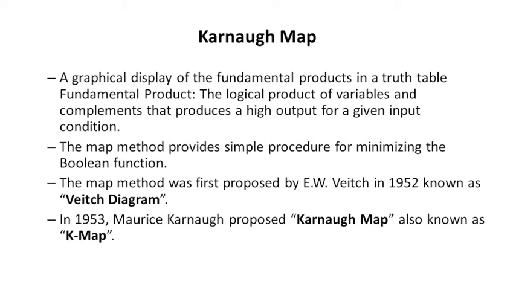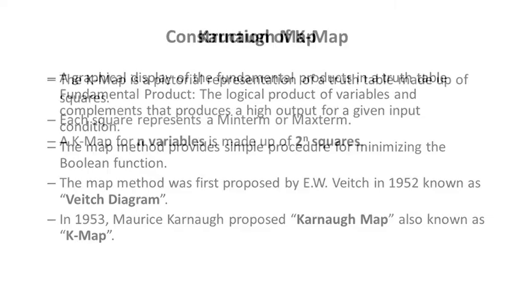A map method provides simple procedures for minimizing the Boolean function. The map method was first proposed by E. W. Veitch in 1952, known as the Veitch diagram. In 1953, Maurice Karnaugh proposed the Karnaugh map. It is also called the K-map.